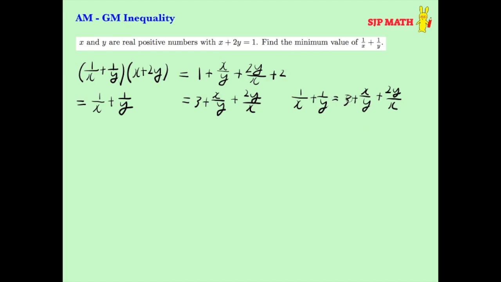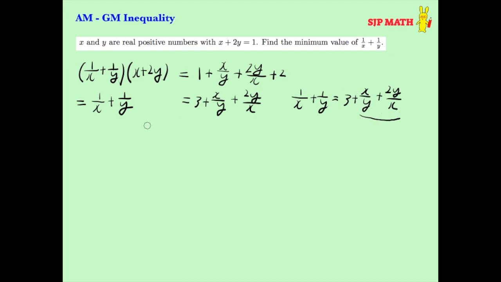So as you see here, 3 is a constant. So this expression will be at its minimum value when x and y have certain values that make x over y plus 2y over x be at its minimum value. So we have to find the minimum value of this expression to find the minimum value of this entire expression.